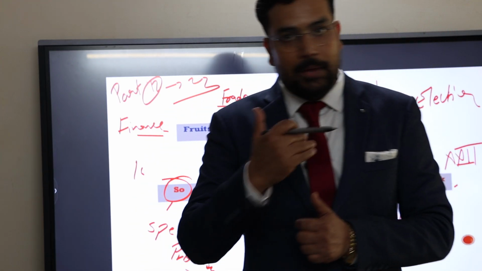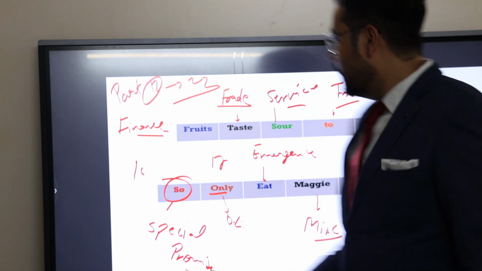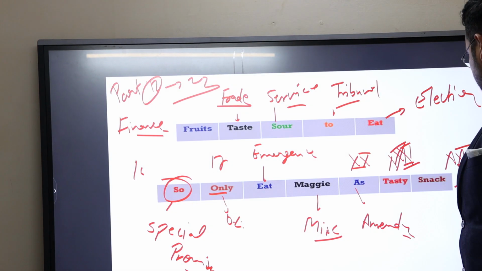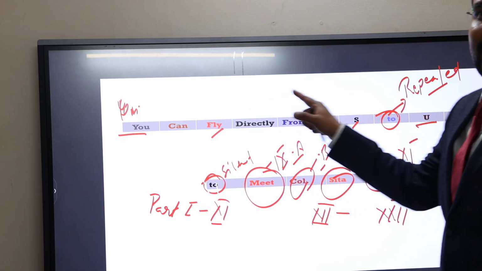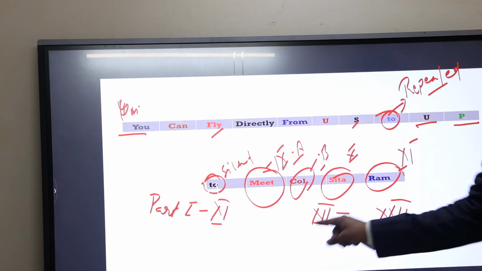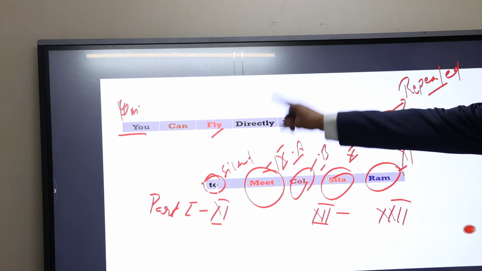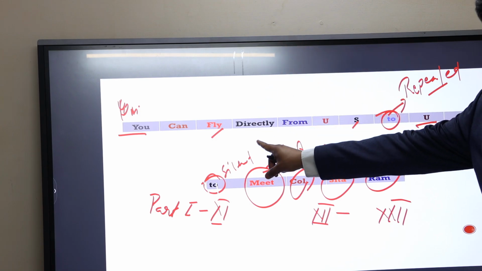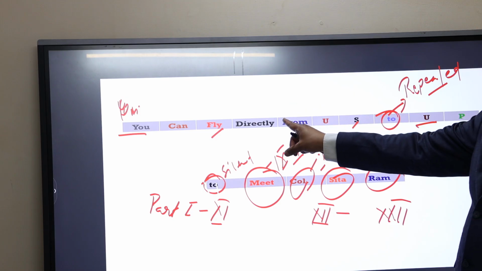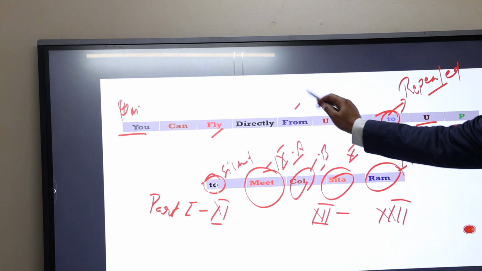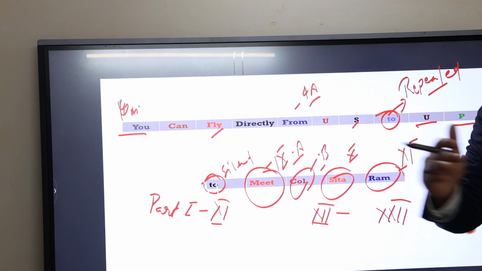And I'm revising this trick. The first trick is you can fly directly from US to UP to meet Colonel Sitaram. Union, citizenship, fundamental rights, directive principles of state policy. Then here comes fundamental duties, part 4A. You have to remember these additional parts.